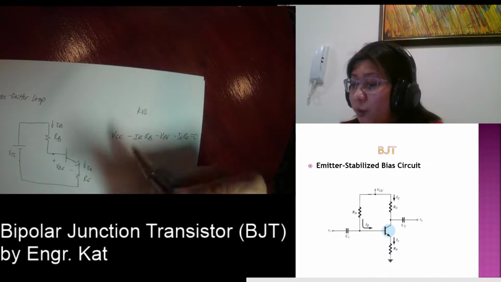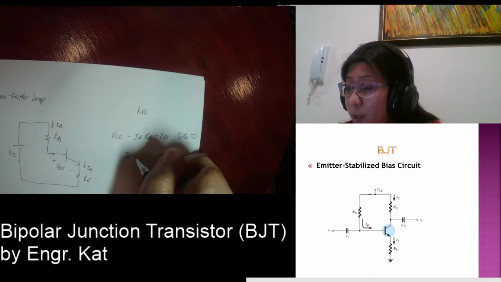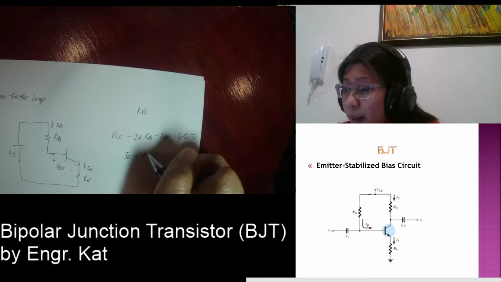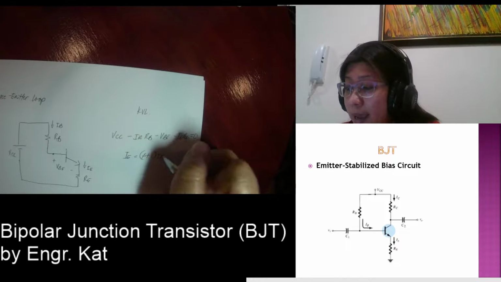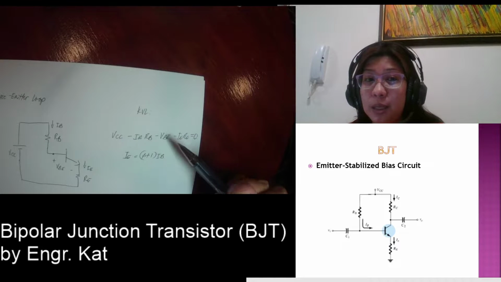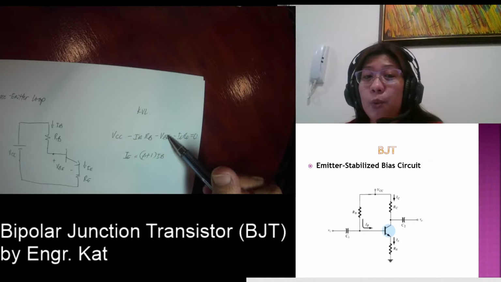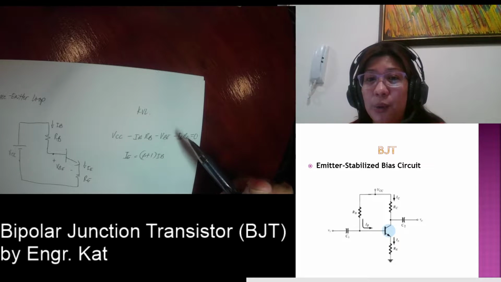And what is that? We have a formula wherein IE is equivalent to beta plus 1 multiplied by IB. So in this case, if we're going to substitute this into the equation, we are going to have an equation having only one unknown, which is your IB.